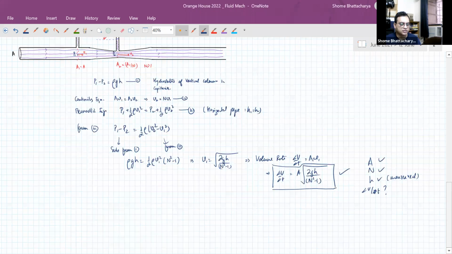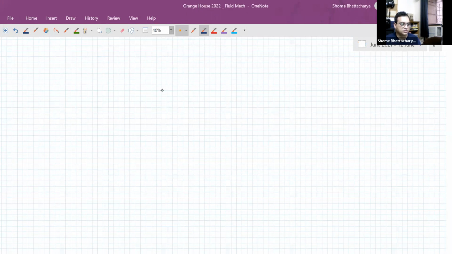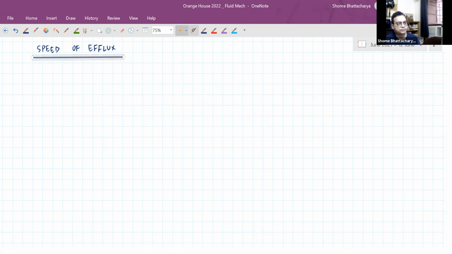Okay, so this is the standard formula for velocity for the venturimeter and measurement of volume rate of flow. Now, the next application we will see is the measurement of what is called speed of efflux. Efflux is the opposite of influx.